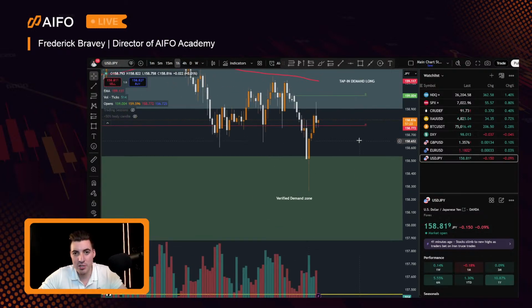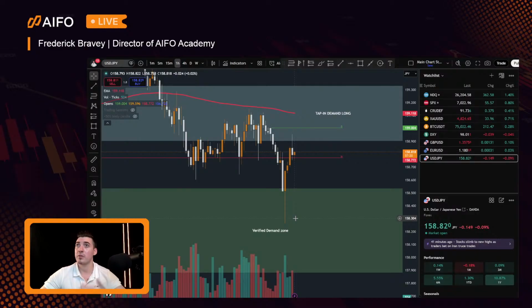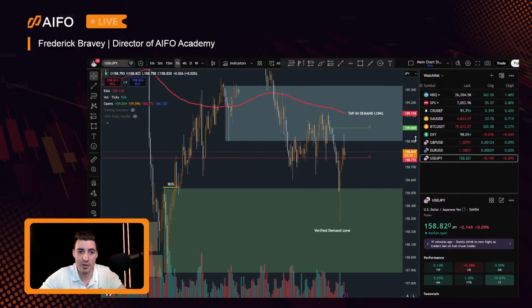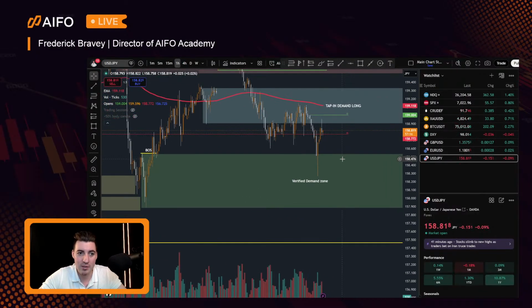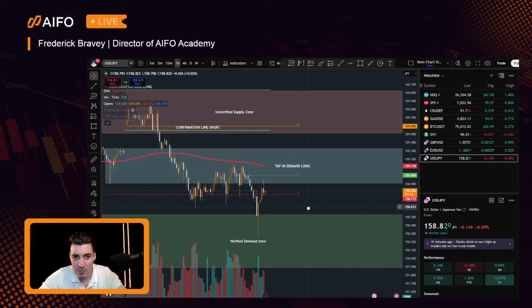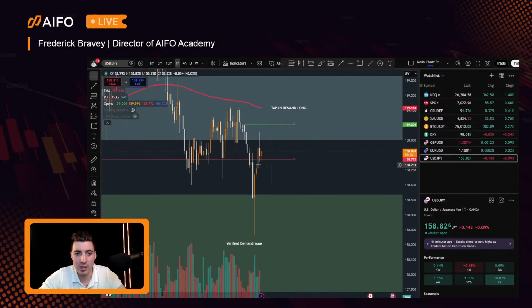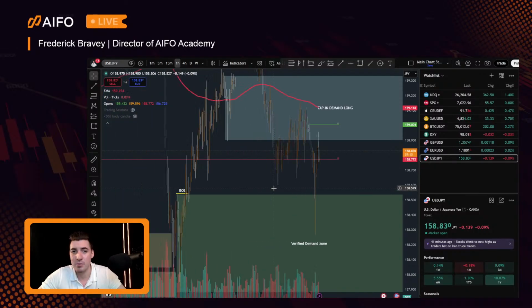And this beautiful rejection candle signals to us that the zone is validated. And so the next time the price re-enters this area, we are likely going to see another reaction, which is very, very good.